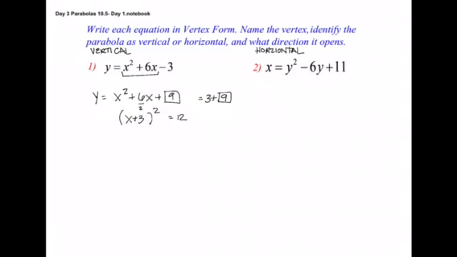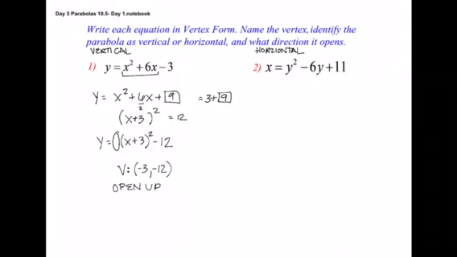We need to subtract our 12 back to the other side of our equation, so we get x plus 3 squared minus 12. We now can see that the vertex of our parabola is at negative 3, negative 12. So outside stays the same, inside is opposite. Our a, or our coefficient, is positive, so we would say that this opens up. So we have a vertical parabola that opens up.